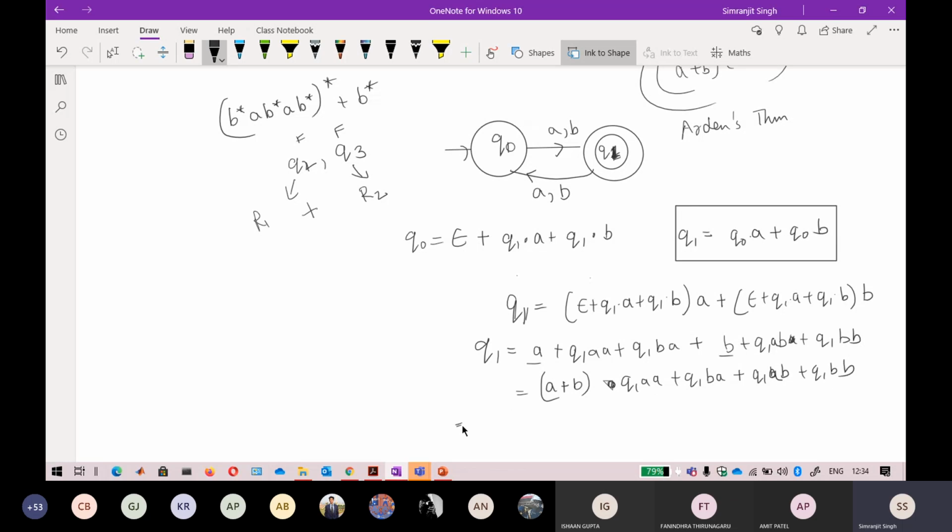Okay, so you can extract out a q1 from here. After extracting q1, I will get aa plus ba plus bb plus ab, and in the end you have to write it like this.